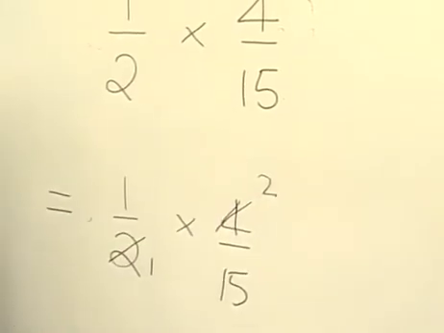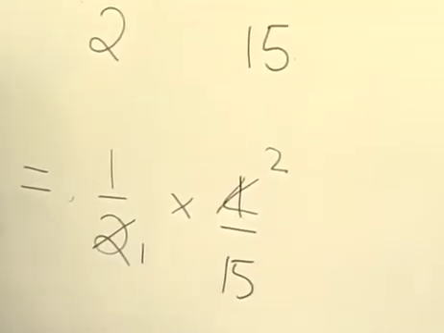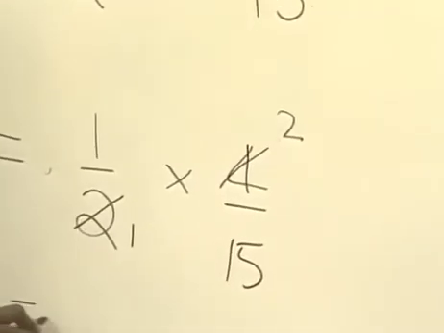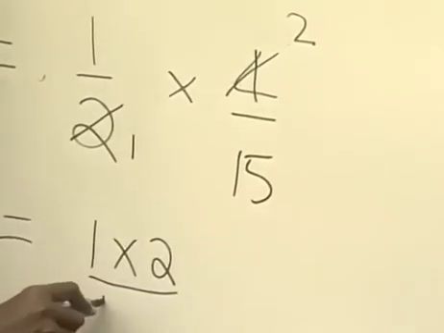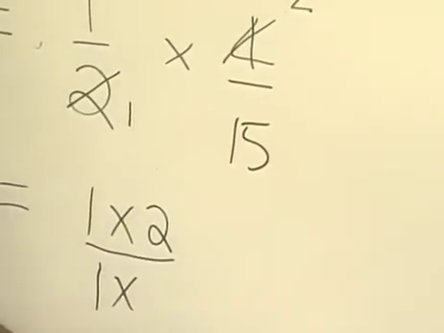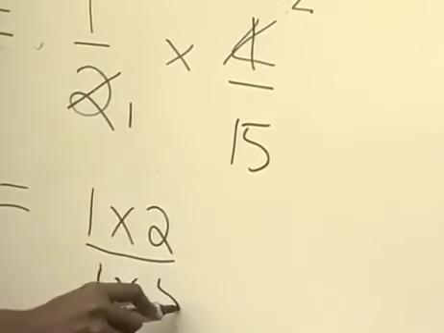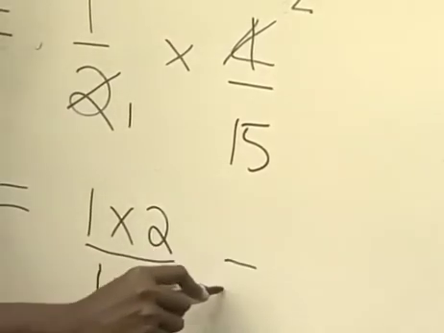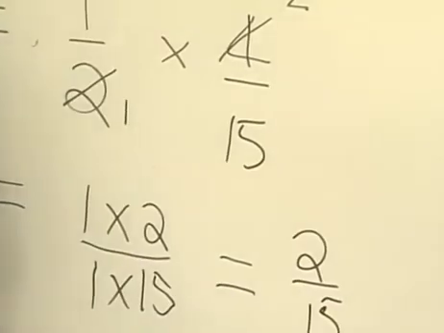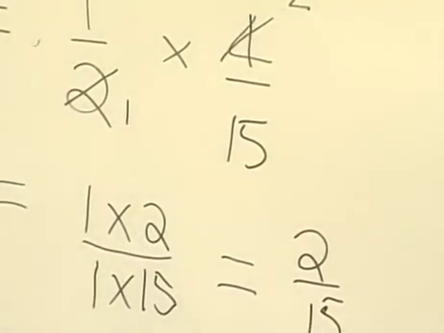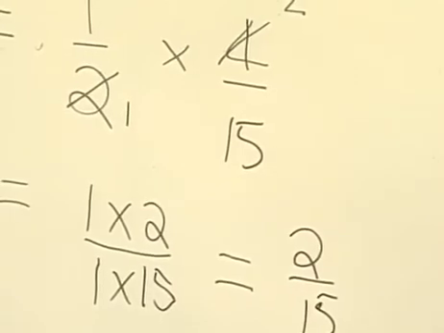Now we multiply the numerators and the denominators: 1 times 2 over 1 times 15. So our answer is 2 over 15. These are some of the steps to follow when you are multiplying two fractions.